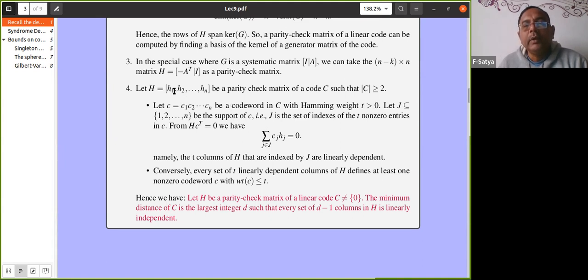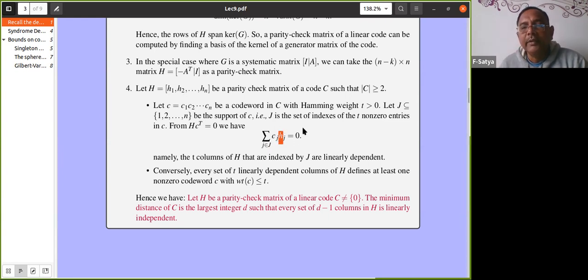Then what happens? H into C transpose tells you that a linear combination of the columns equals 0. But these coefficients are non-zero because they are in J, so Cj is non-zero for each j in J. Because of that, these particular columns become linearly dependent.